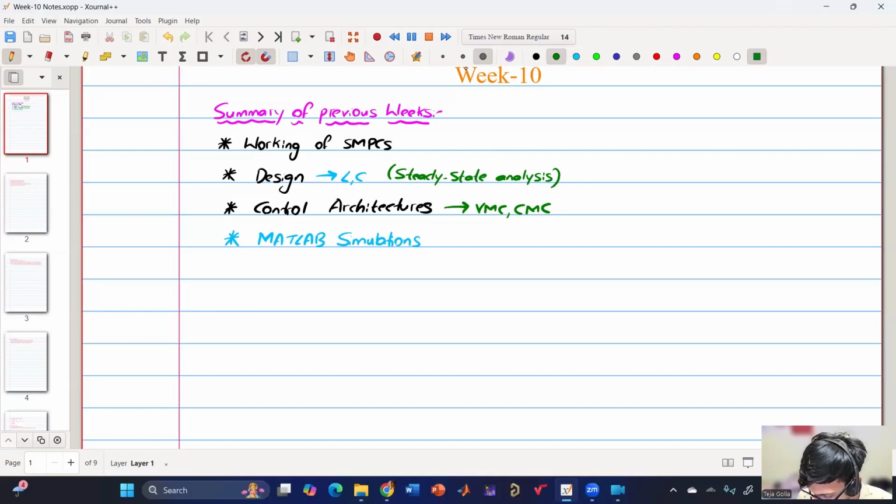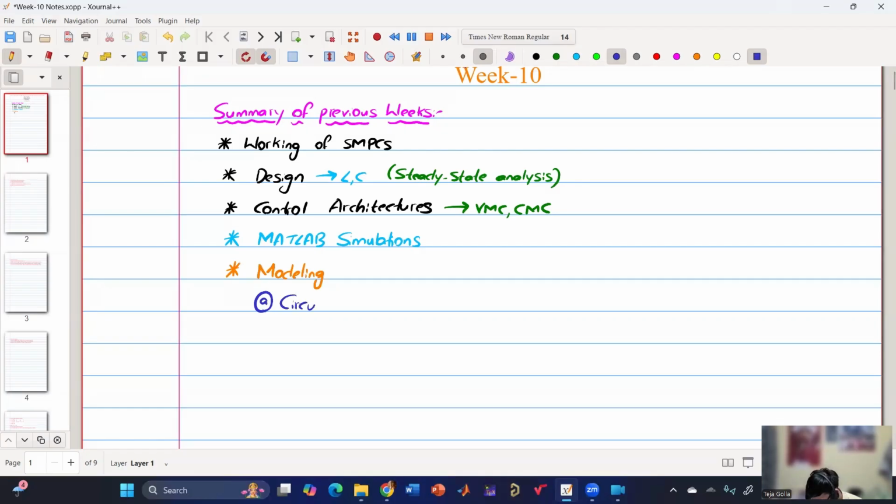Then we have started modeling. So in modeling, we have learned many things. We have done the circuit averaging technique. So what all did we do, if you remember?